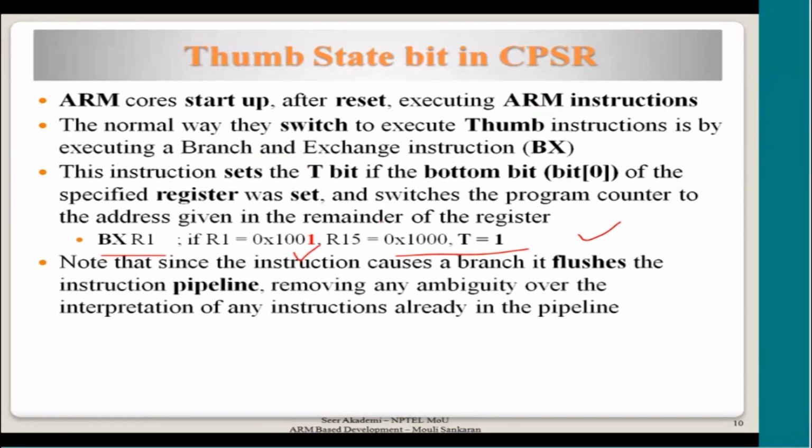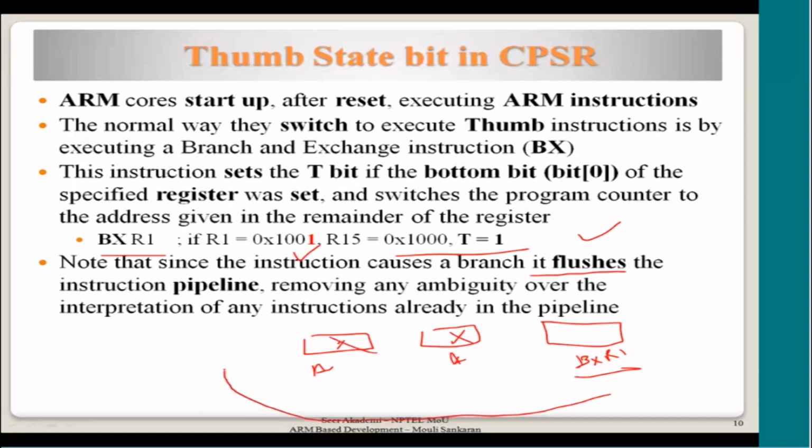Note that since the instruction is a branch, it flushes the instruction pipeline. Please remember, when there is a branch, a new set of instructions is fetched. So earlier BX is here in the execute stage, R1, and some ARM instructions would have been in the different stages. Now because it is a branch, it will flush these two and refill with thumb instructions, which are 16-bit wide.